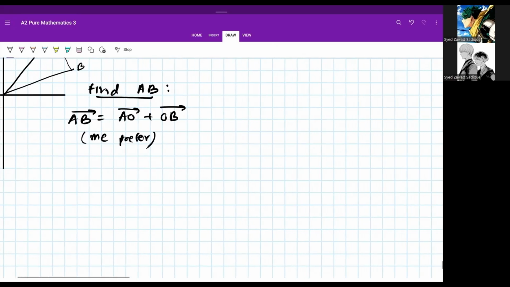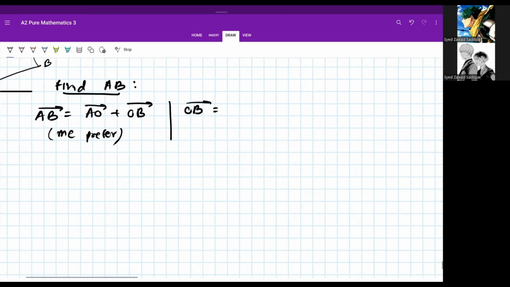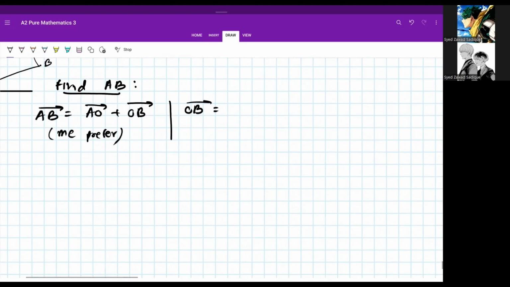However, you can also do it directly: OB is equal to OA plus AB, so AB is equal to OB minus OA.